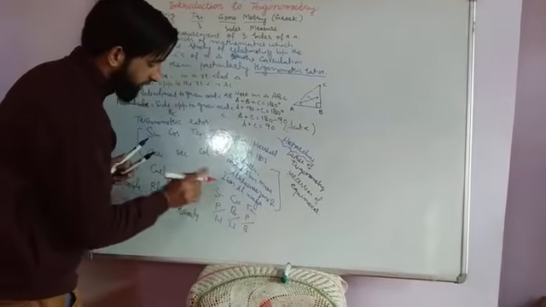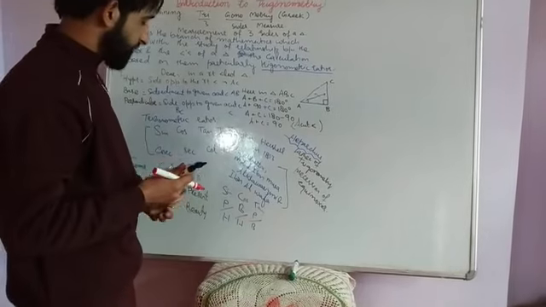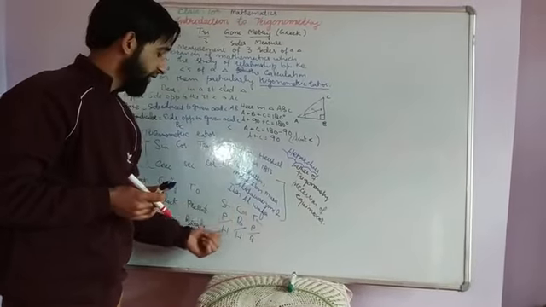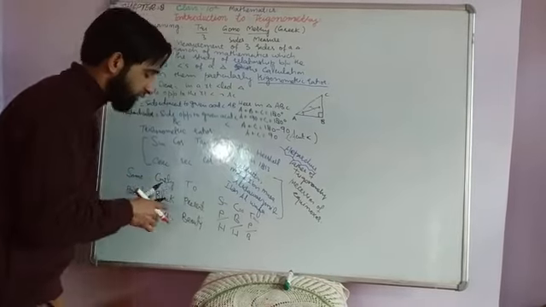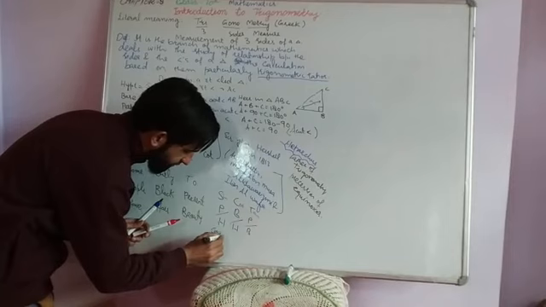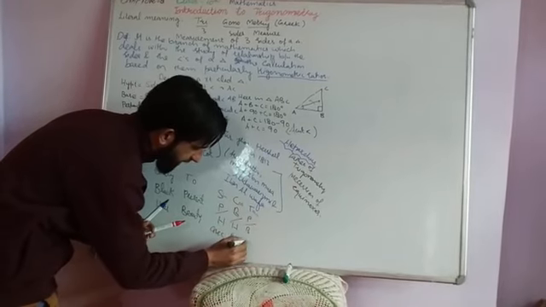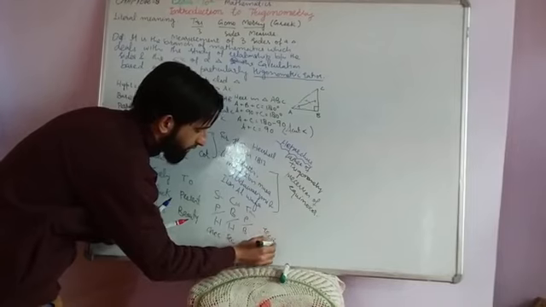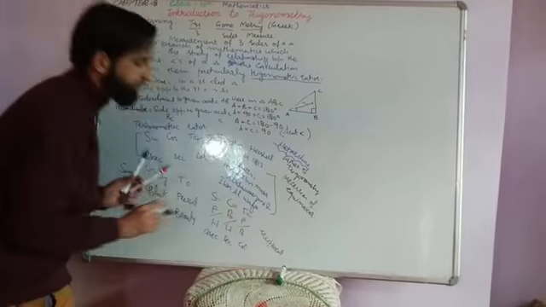These are cosec, sec, and cot. First of all, the three ratios are sine, cos, tan. Now, cosec, sec, and cot. These three ratios are the reciprocals of the first three ratios.